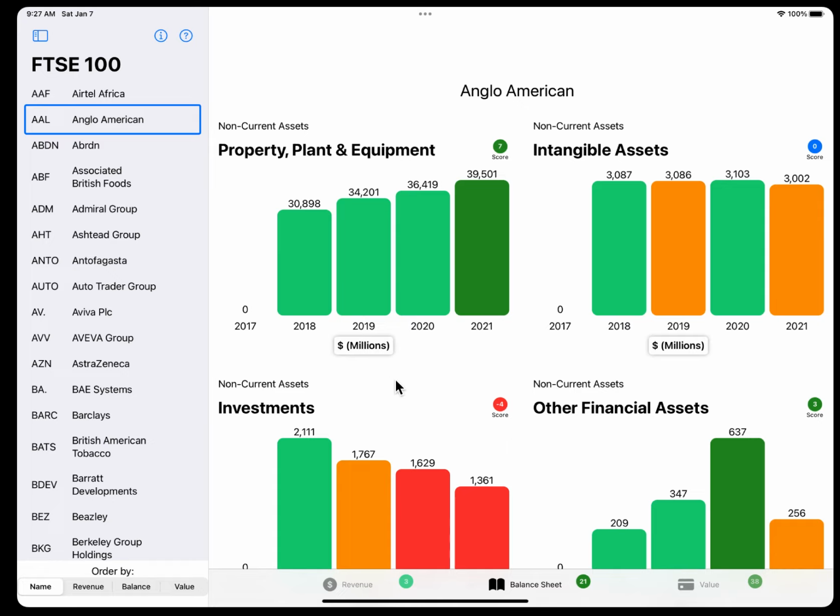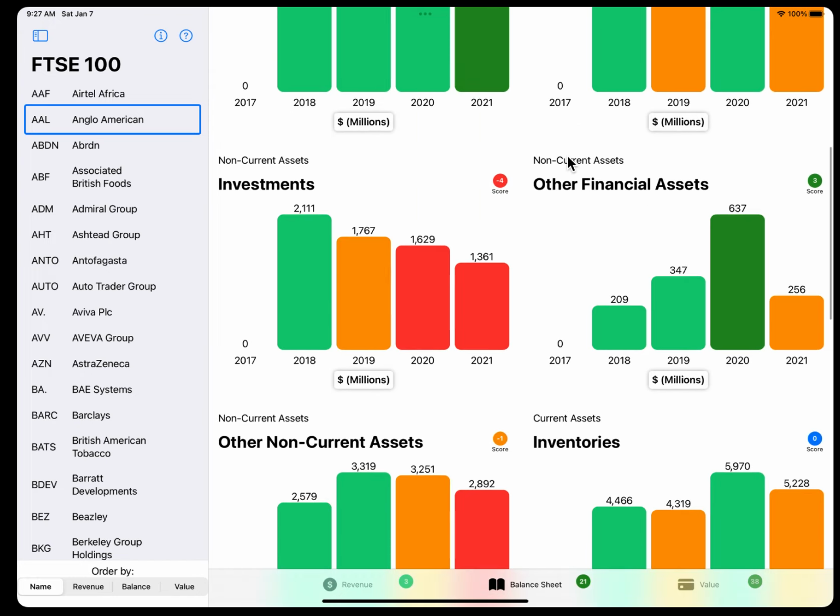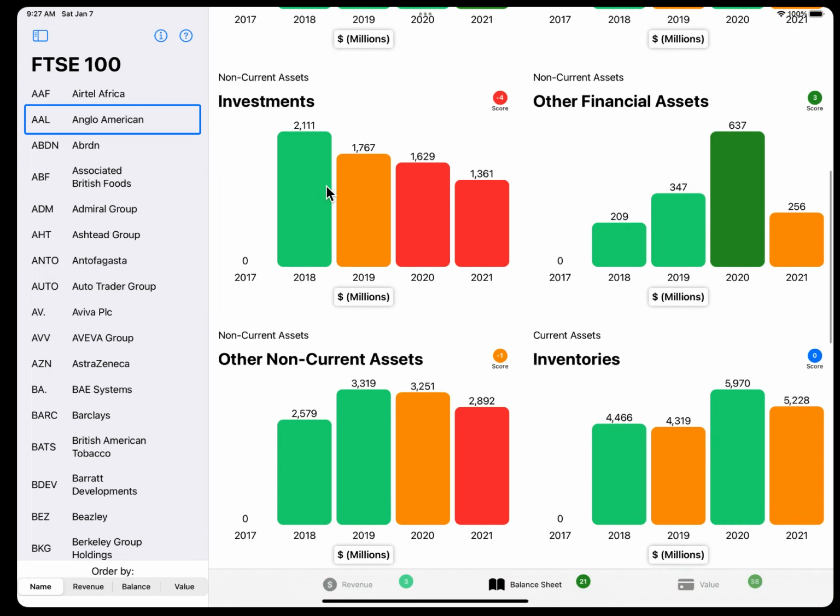And the balance sheet for the company, again, looks quite good as far as the fixed assets of the company are concerned. They're going up and continually going up, so that's all good. And the score is 7 because there are no dips. Intangible assets, okay, well, they're just staying fairly flat. Well, we can see that the investments of the company are going down, which isn't so good. We like to see the investments the company's making in things going up rather than down.